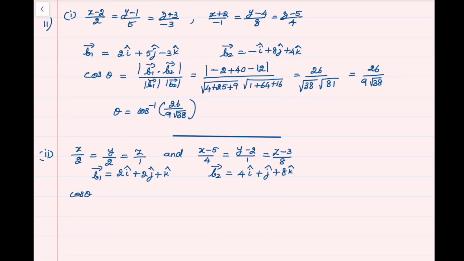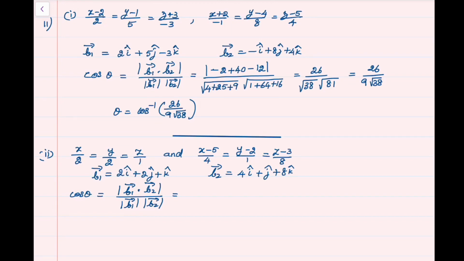Cos theta formula is absolute value of vector b1 dot vector b2 divided by magnitude of b1 times magnitude of b2. Let us find the scalar product.